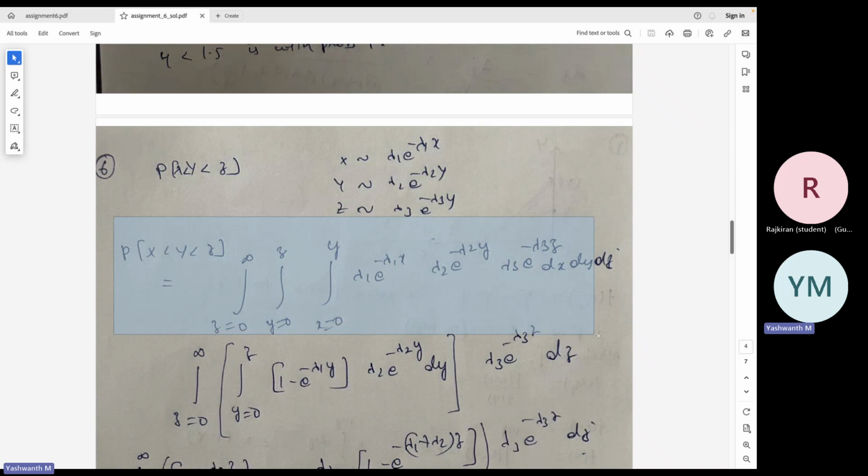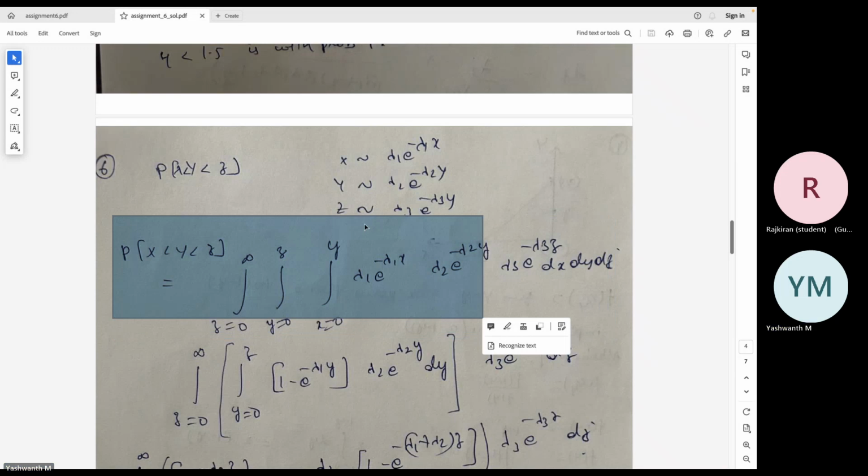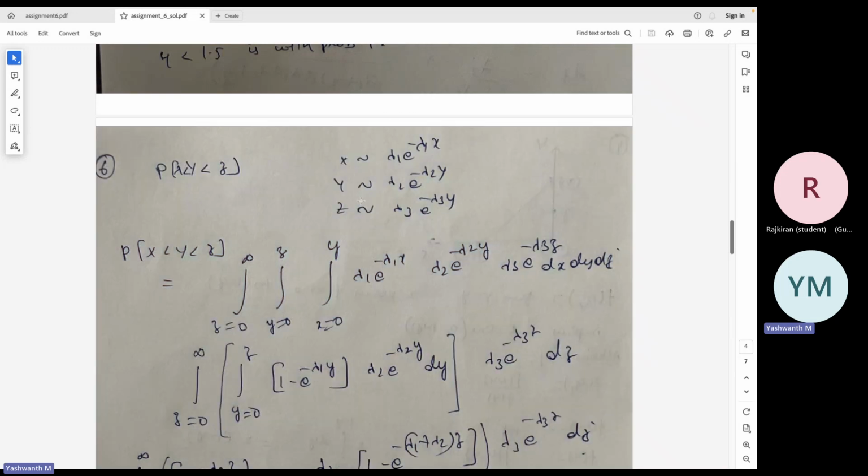The rest is all algebra. So how do we write this integral? Here x is going from 0 to y, because x is less than y, so this condition is taken care of.